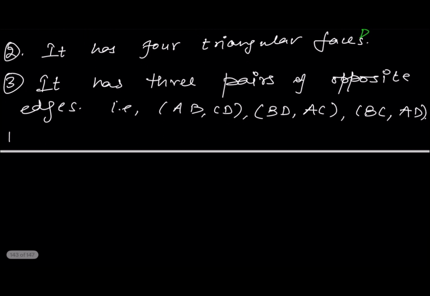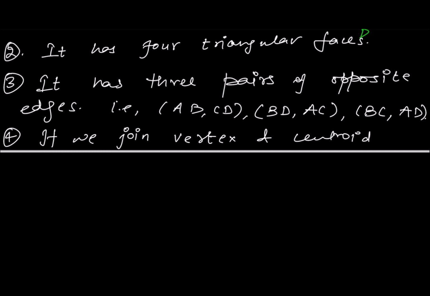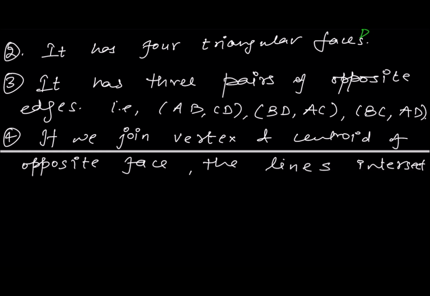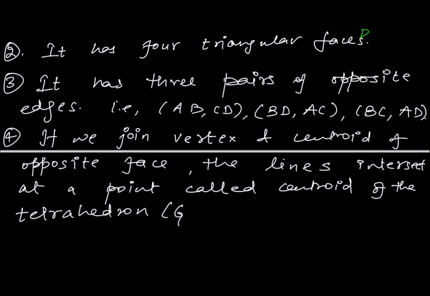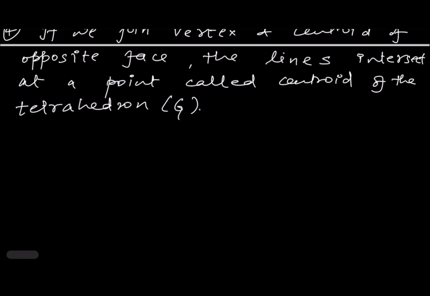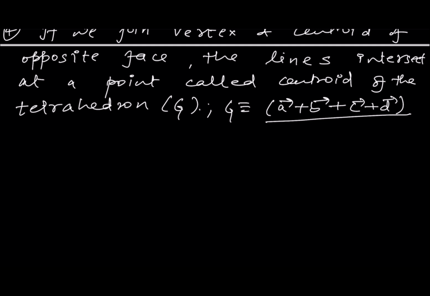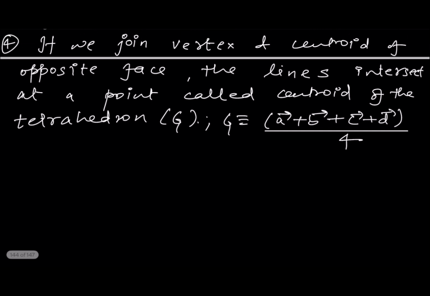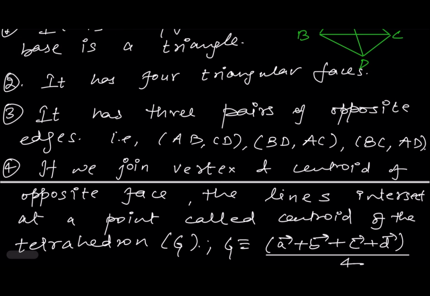Point number 4 is if we join vertex and centroid of opposite face, the lines intersect at a point called centroid of the tetrahedron, denoted by G. And the G is A vector plus B vector plus C vector plus D vector by 4, where A, B, C, D vectors are the position vectors of the vertices of a tetrahedron.